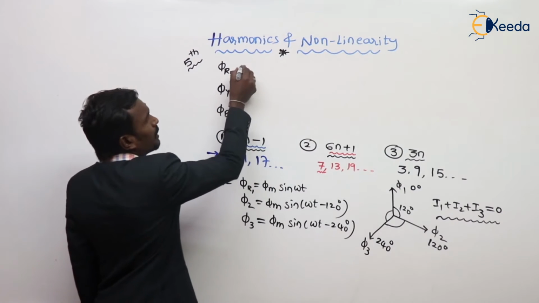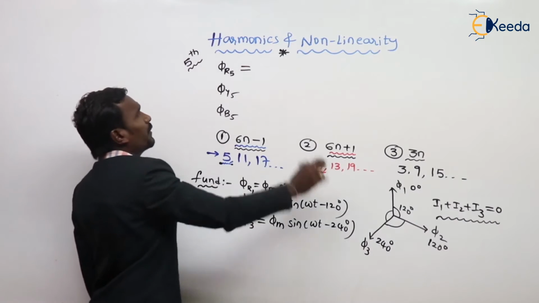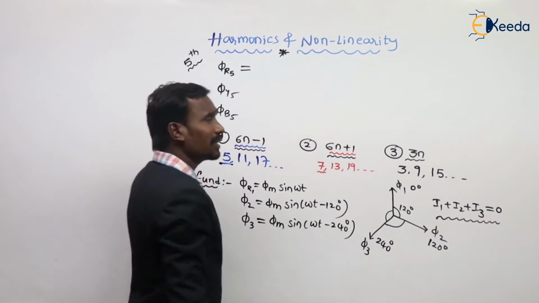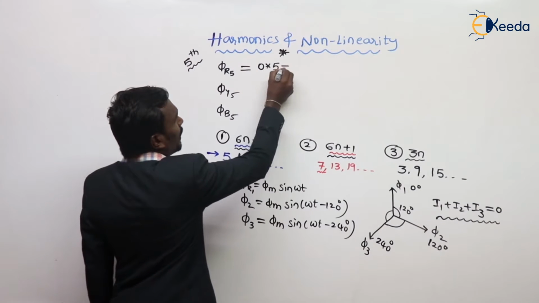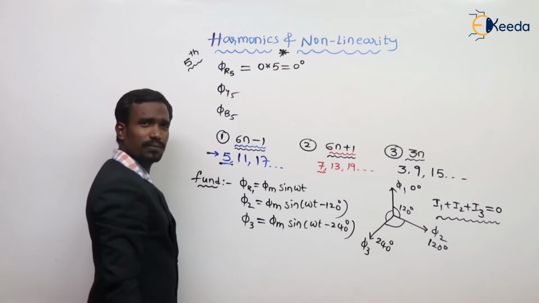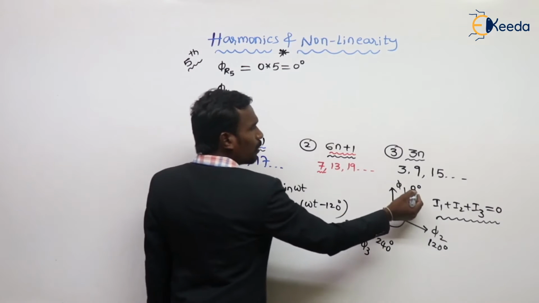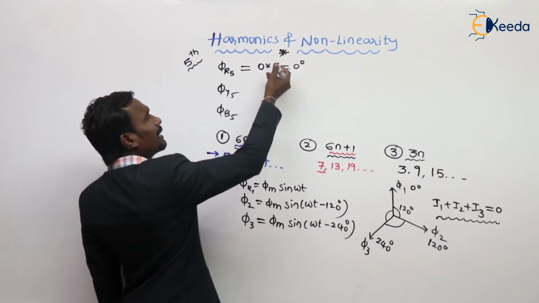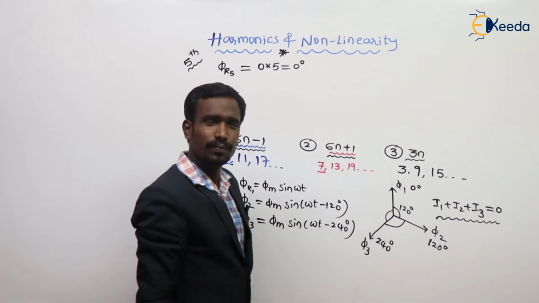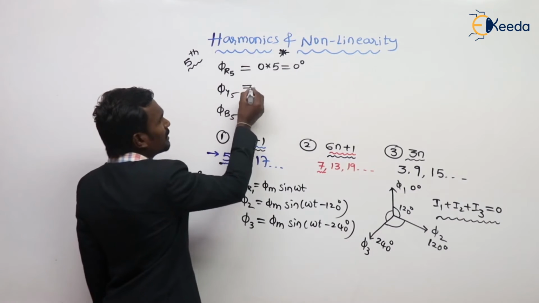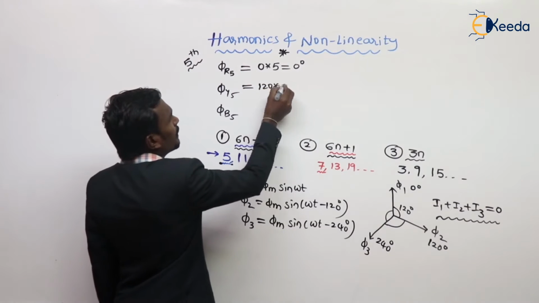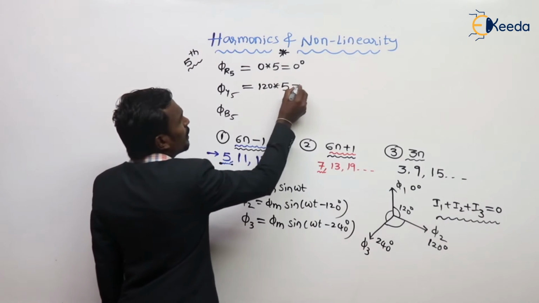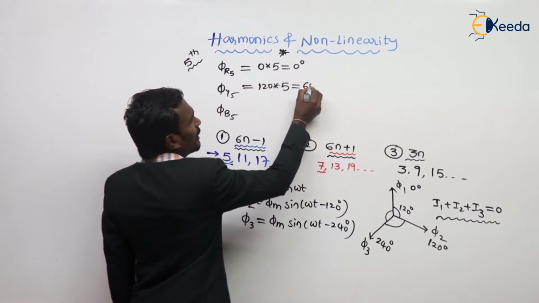But the R phase of the fifth order harmonics is located at 0 multiplied by 5, so 0 degrees. Because this is fifth order, that's why it is multiplied by 5. And next, the Y phase. Actually 120 degrees, but multiplied by 5, it is 600 degrees.